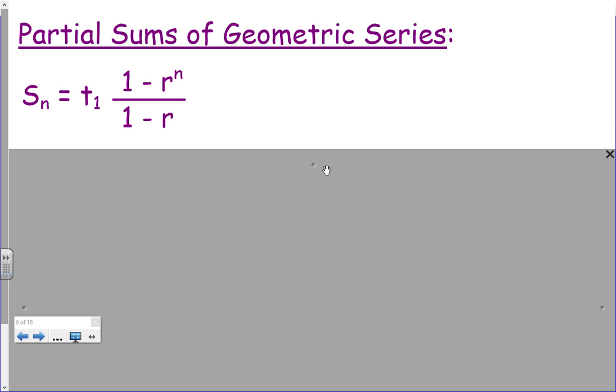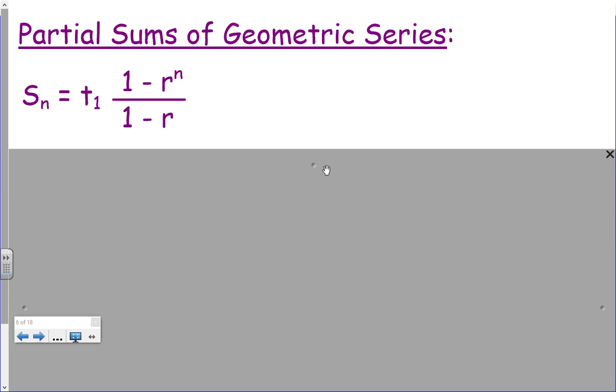The nth partial sum of a geometric series turns out to be t sub 1, so you have to know the first term, times the ratio of 1 minus r to the nth power, where r is your common ratio, all divided by 1 minus r. Notice in this case I don't need to know the nth term, unlike the arithmetic series. But I have to know my first term and my common ratio.